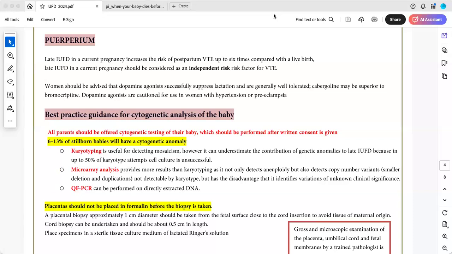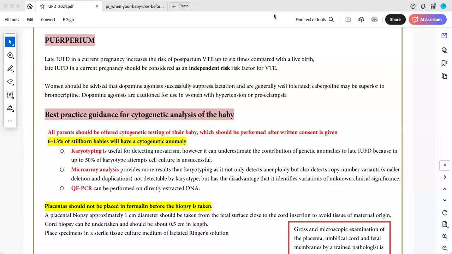How about the investigation that is required after the delivery? We all know, my friends, that we will run investigation for the mother. We would also like to have a post-mortem examination for the fetus.